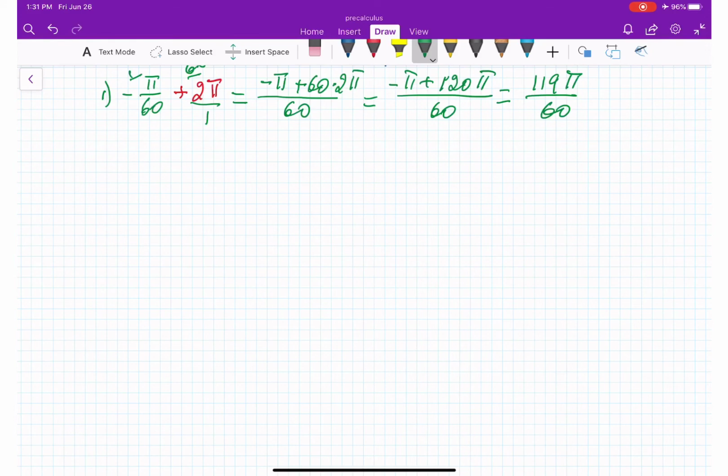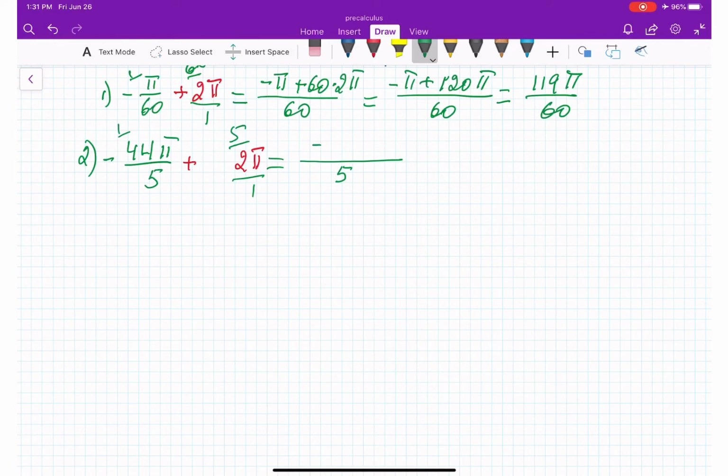Negative 44 pi over 5. So since it's negative, we are adding positive 2 pi. So let's see what we get. The common denominator again is 5. So this is here 1. Here we take 5 times.